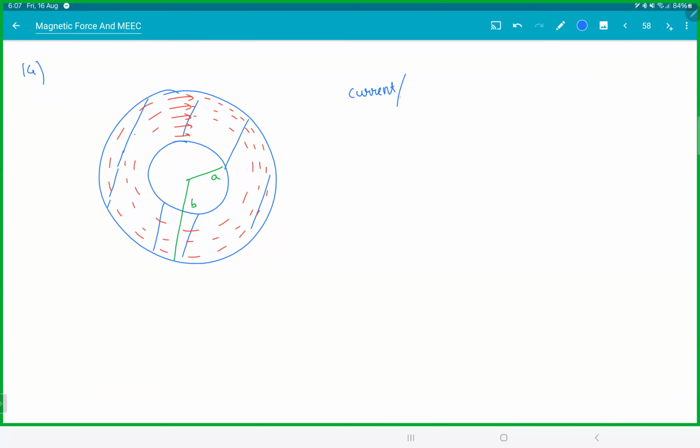And this is a current per unit radial length equal to K. That means if you take a small length here, dx, the current will be K dx.